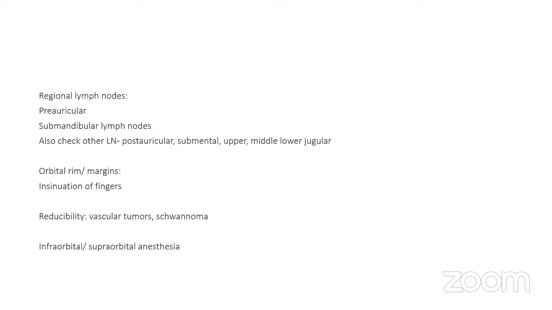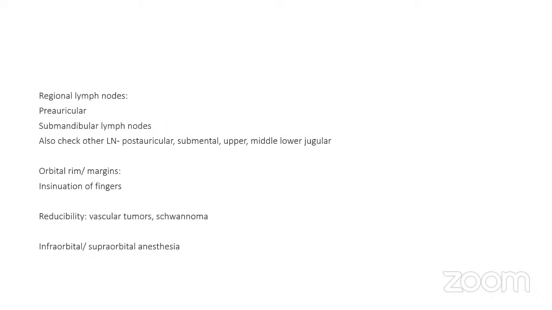Coming to regional lymph nodes, the preauricular lymph node and submandibular lymph nodes. Usually, the medial two-thirds of the upper eyelid and medial one-third of the lower eyelid drain into the submandibular lymph node, whereas the lateral third of the upper eyelid and lateral two-thirds of the lower eyelid drain into the preauricular lymph node. So, checking for enlargement of the lymph nodes is important.